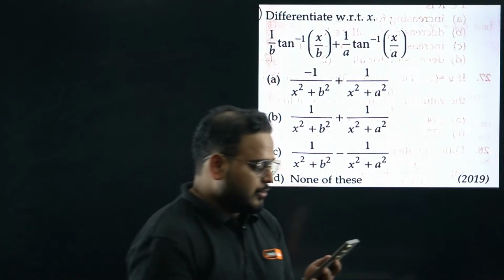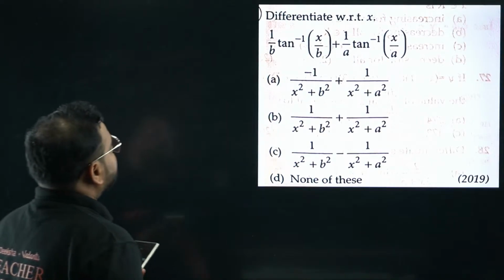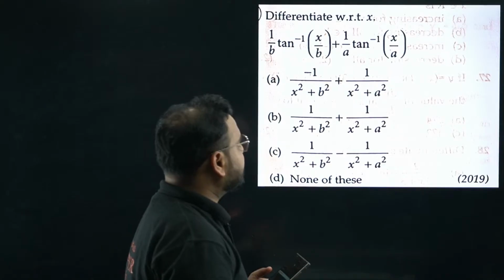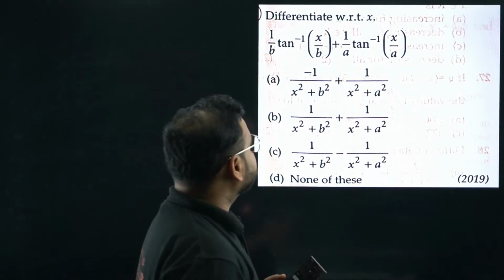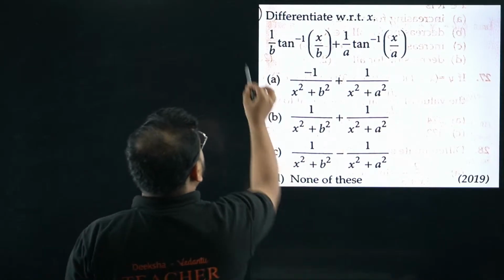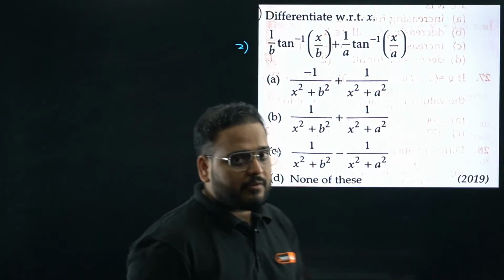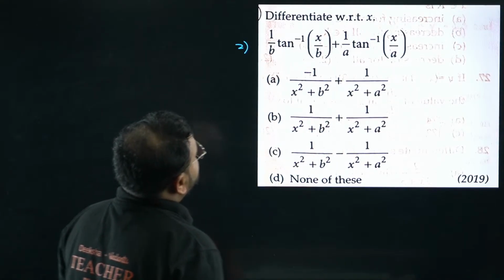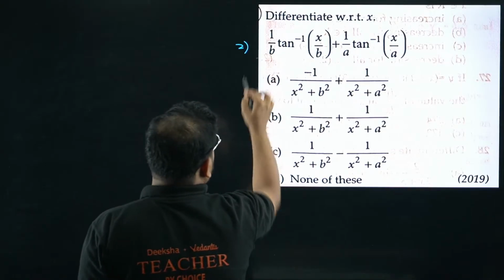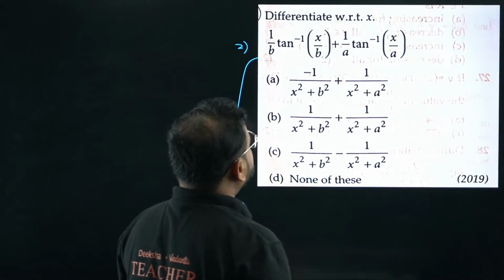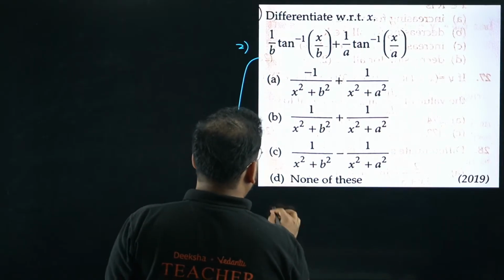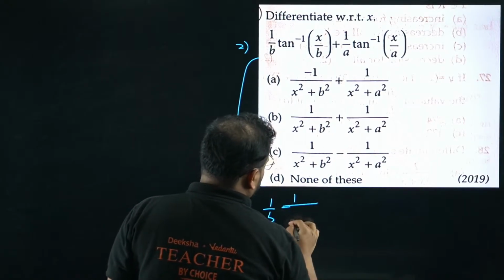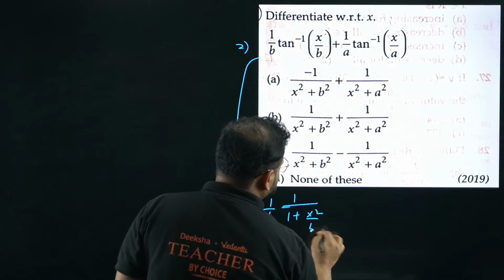So differentiate with respect to x, 1 by b tan inverse of x by b plus 1 by a tan inverse of x by a. If I differentiate this, tan inverse of x by b will become 1 by b, since b is a constant, times 1 upon 1 plus x square by b square.